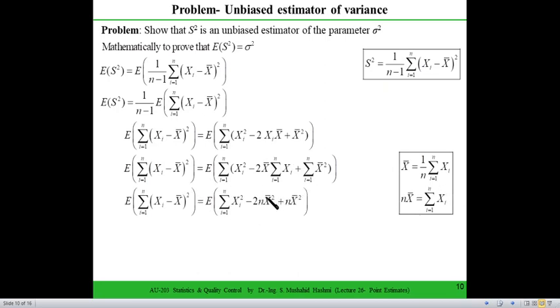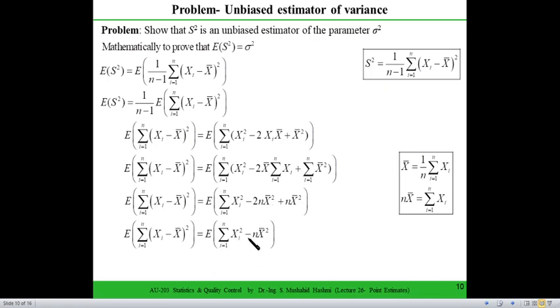So the sum of x can be represented as n times x bar, and multiplied by x bar it would be n x bar square. Similarly, the sum of x bar square, if you take the sum over all the values from 1 to n, would be n times x bar square.